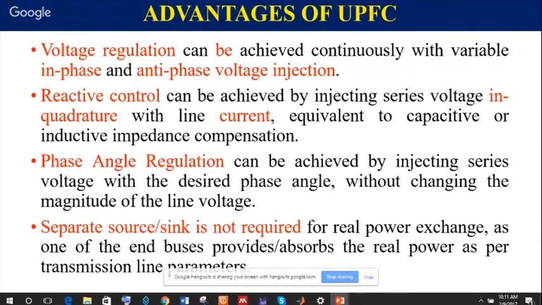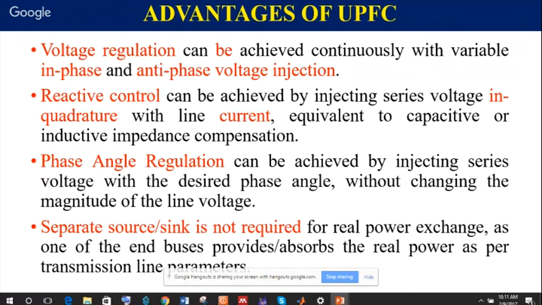Since the UPFC consists of an SSSC, a series connected voltage source converter, voltage can be inserted in series with the transmission line in phase and in anti-phase, whatever the load situation is, and that way we can control the voltage of the line.